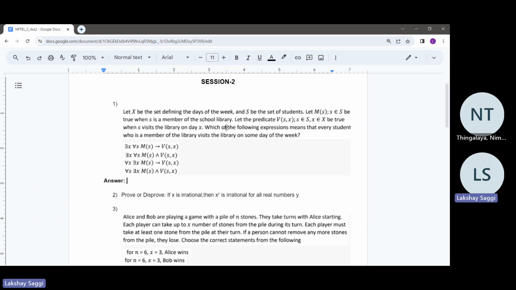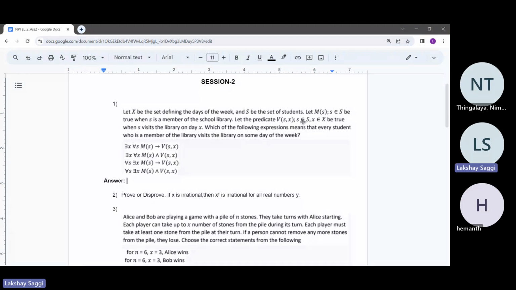We are given two types of predicates. One predicate tells us whether a student S is a member of the library or not. The second predicate, V(S, X), means whether the student S visits the library on the day X or not. Now we want to write a predicate which states that every student who is a member of the library visits the library on some day of the week.